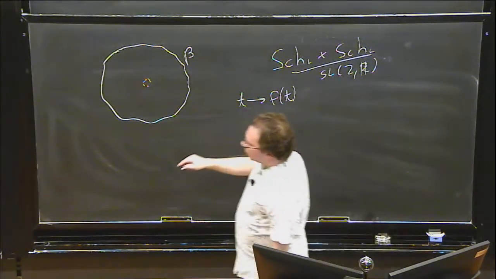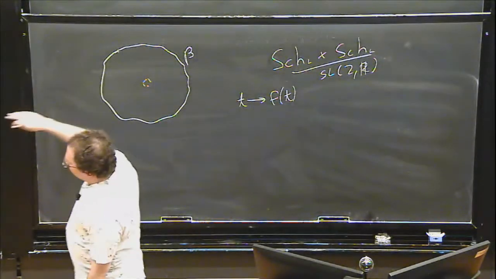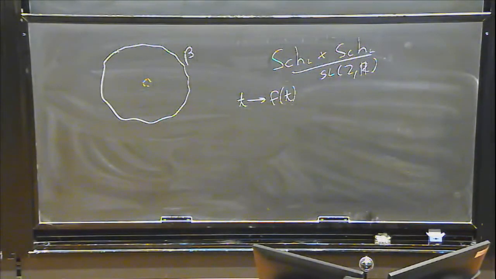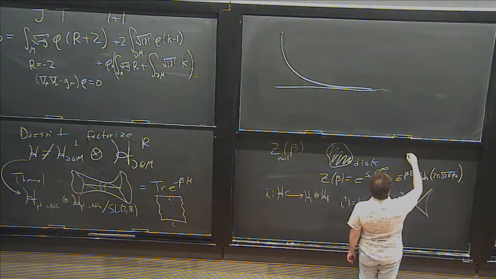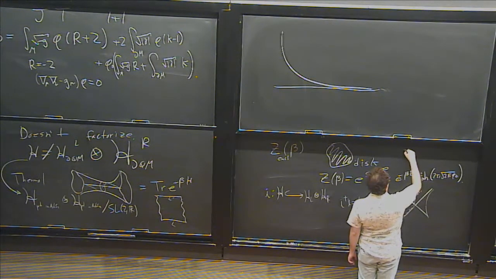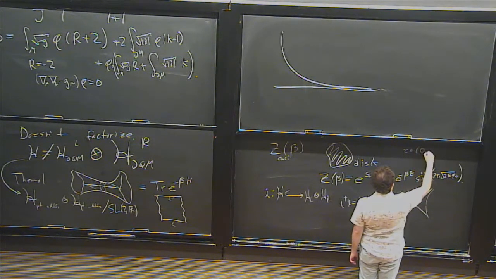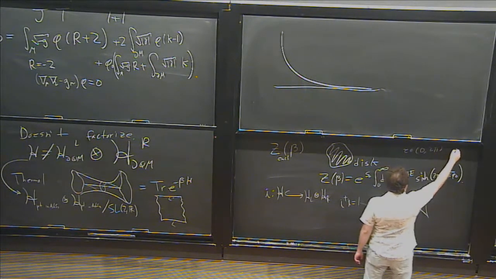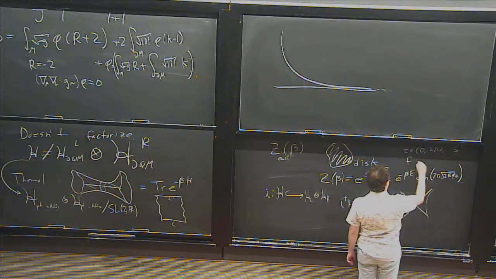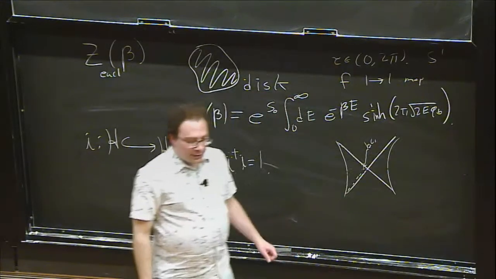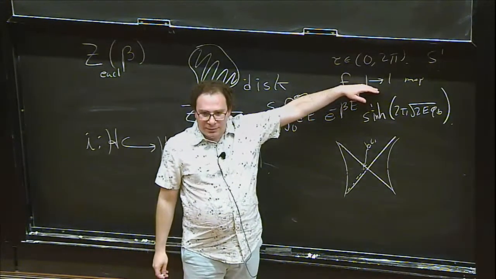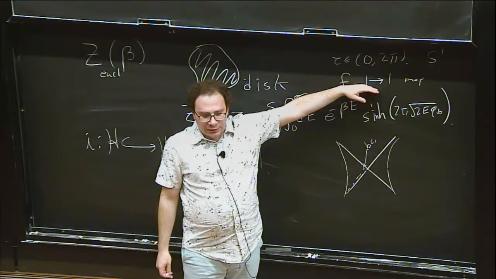But when you compute this disk answer from the Schwarzian, you demand that your Euclidean tau lives on a circle, and F is a one-to-one map. Okay? This condition that F is a one-to-one map is non-local in Euclidean time.